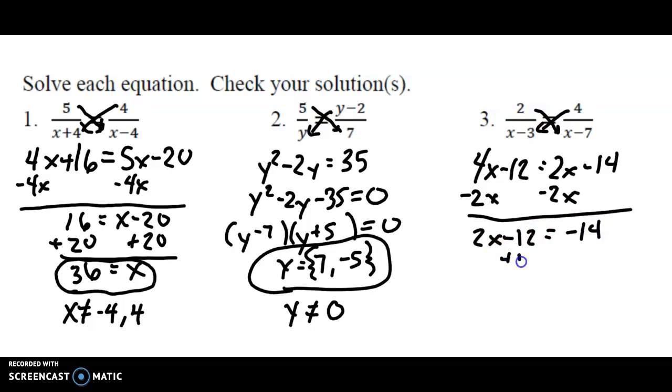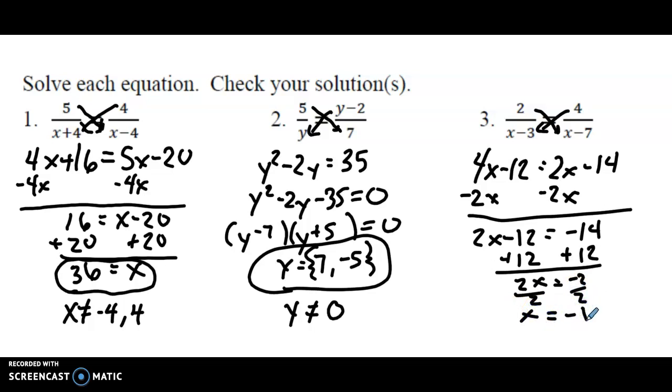And move my -12. And then divide. X equals -1.